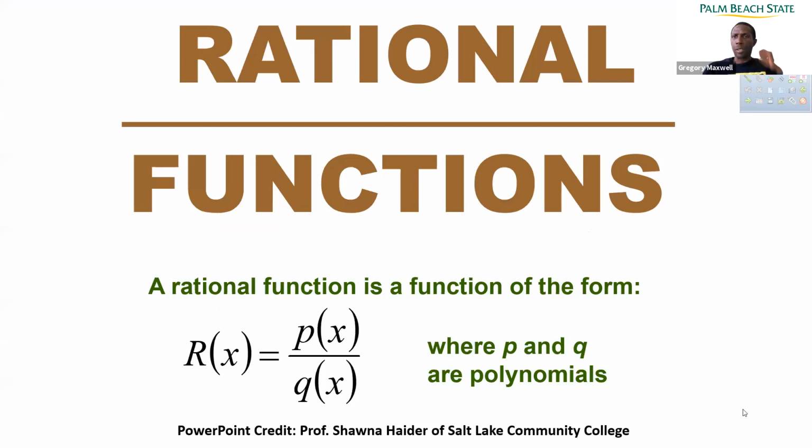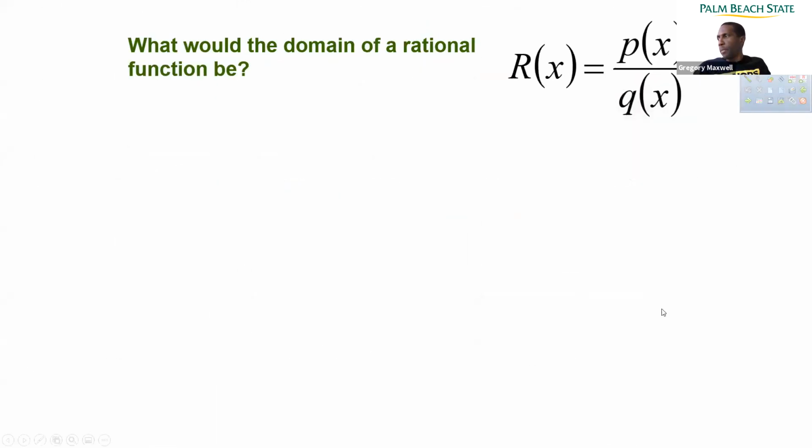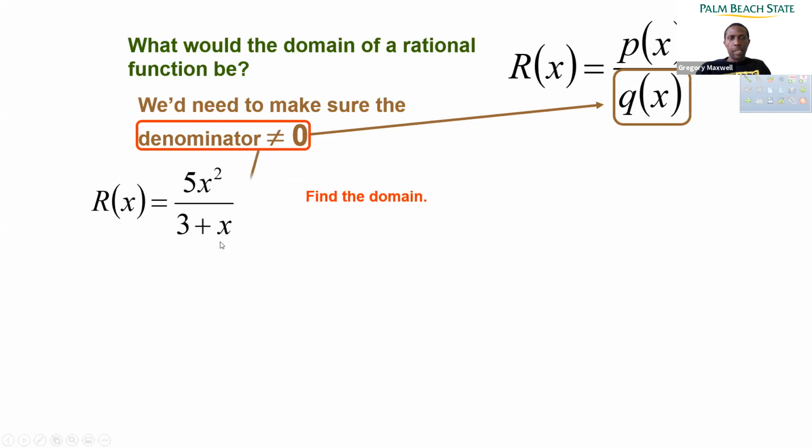Rational functions. We are going to be looking at those polynomials. A rational function is a polynomial divided by a polynomial. All right, and as long as the denominator is not 0, we're good to go. So here's an example of a rational function.